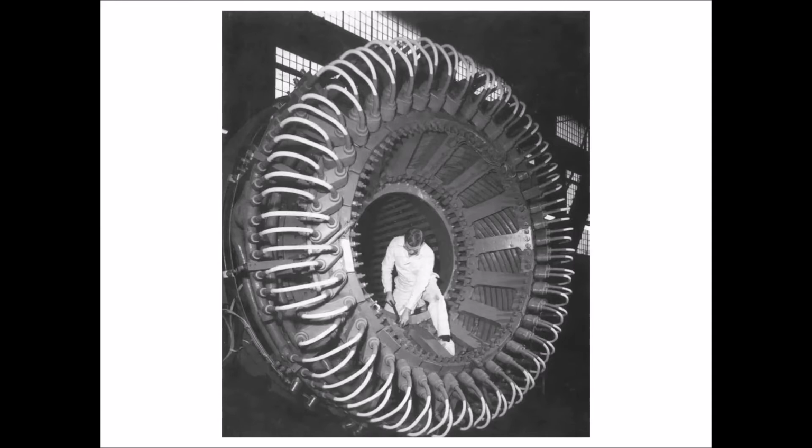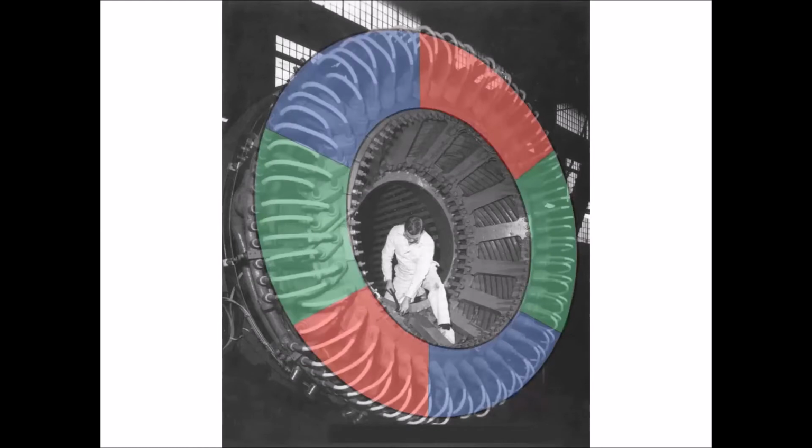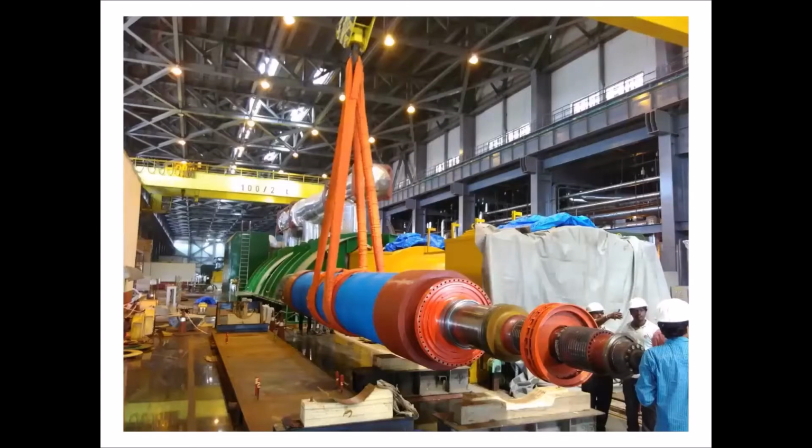You can't tell, but I've coloured them in. So we've got the red set, the blue set, and the green set, and they are generating the 3 lots of voltage. The magnet is not a permanent magnet. There it is. To give you some idea of the scale, it's an electromagnet and it sits up the middle.